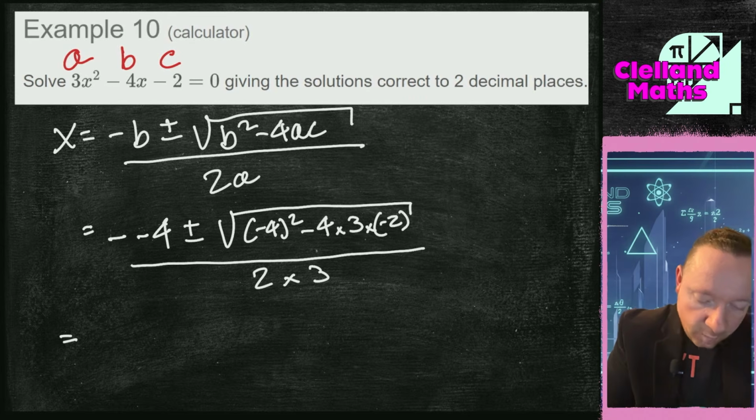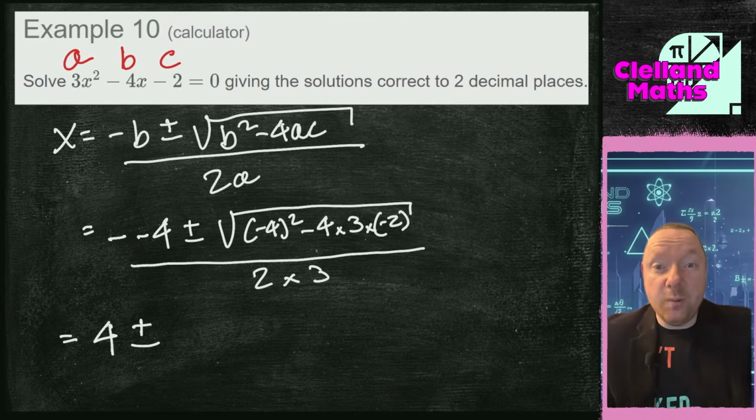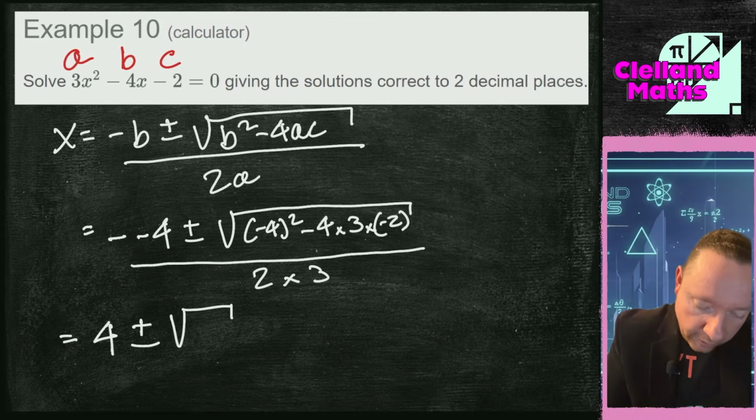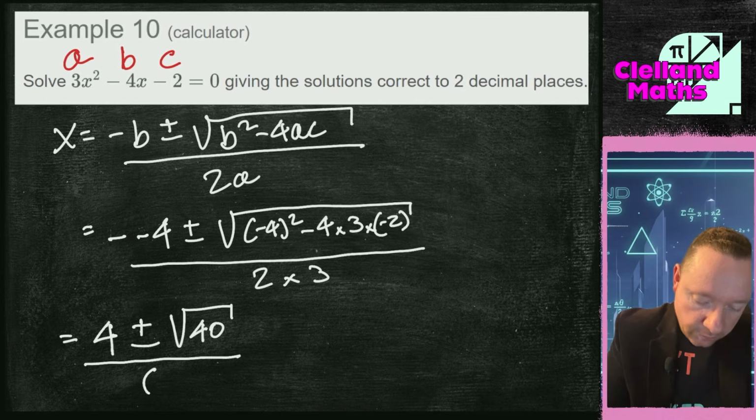Tidying that up, minus minus makes plus 4. And then always do the square root bit. In my calculator, minus 4 squared is 16. 4 3s is 12, 12 2s is 24, and a minus times a minus is a plus. So I've got 16 plus 24, which is 40. That gives me a square root of 40. And that bit's called the discriminant, which is handy later for when you're doing nature of roots.